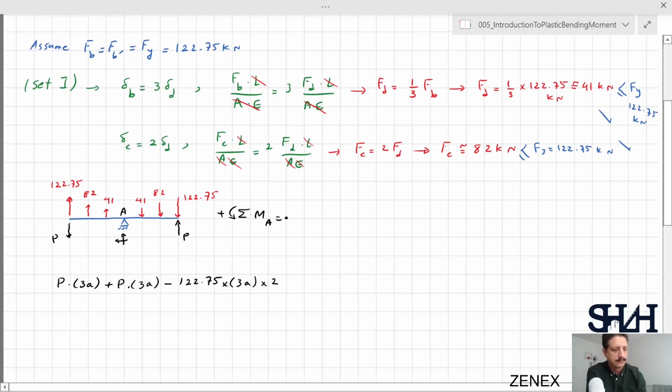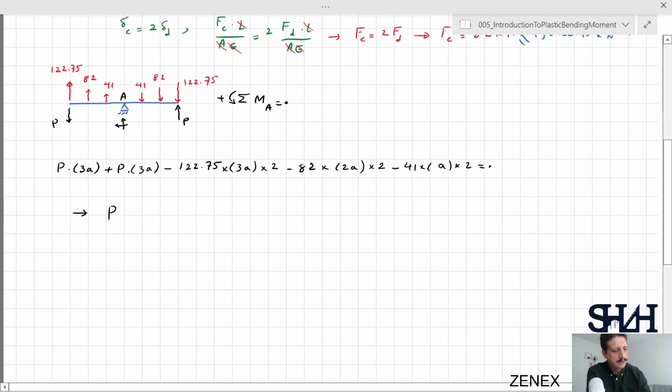You can see from the first two terms, they are the same. Minus 82 kilonewton times 2A, again times 2, minus 41 kilonewton times A times 2 equals 0.